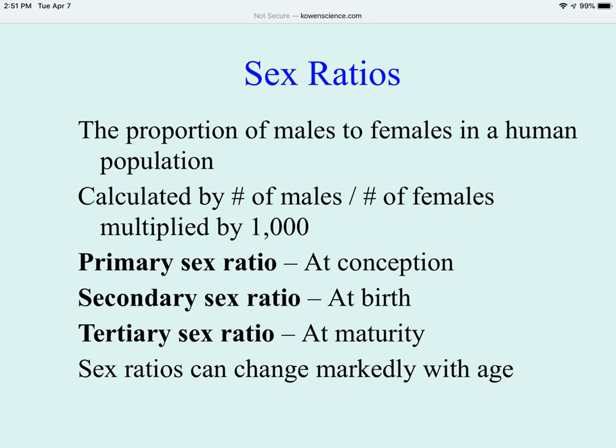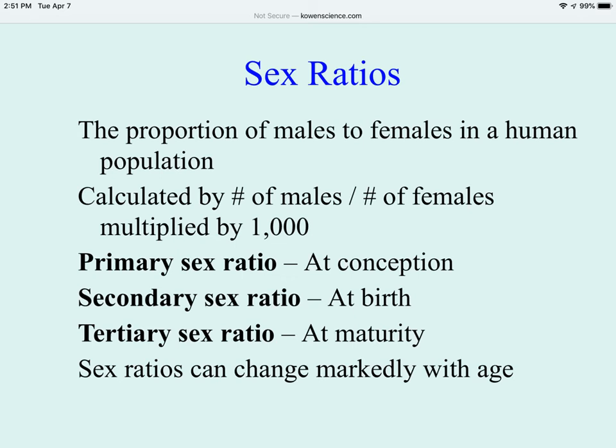Sex ratio is the proportion of males to females in a population. The primary sex ratio is at conception. Primary sex ratio typically is a little bit higher, favoring males over females. Secondary sex ratio is at birth, again a little bit higher towards males than females, and we mean a 51 to 49% ratio.